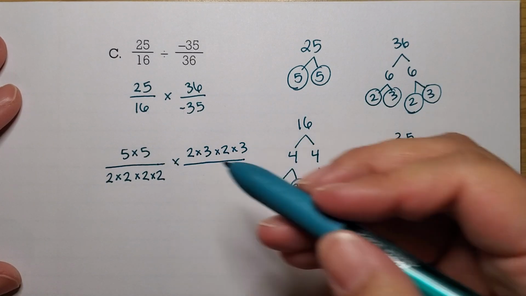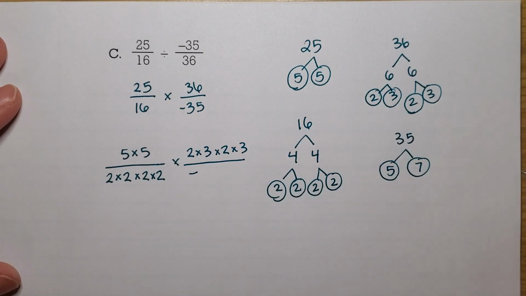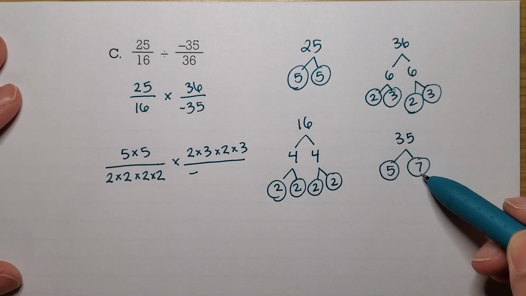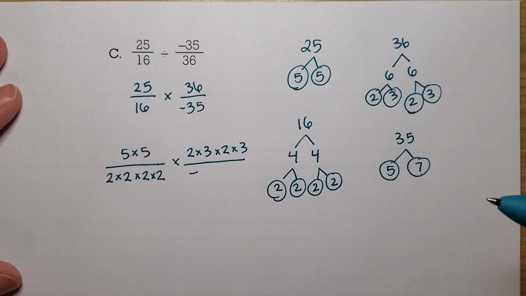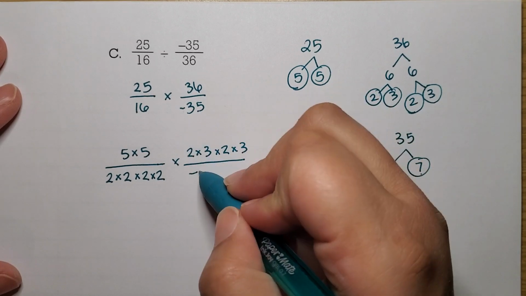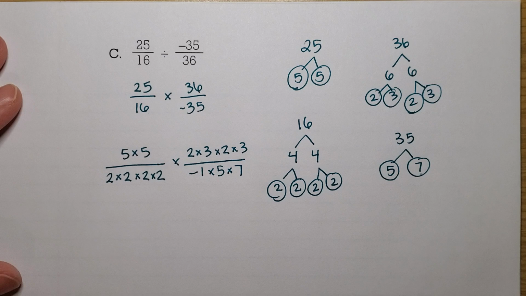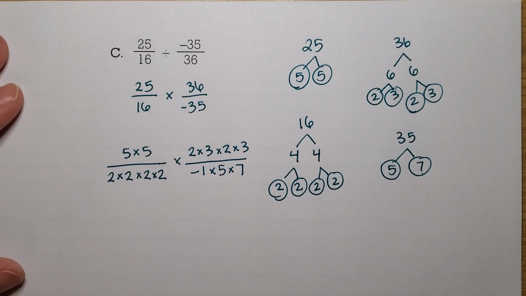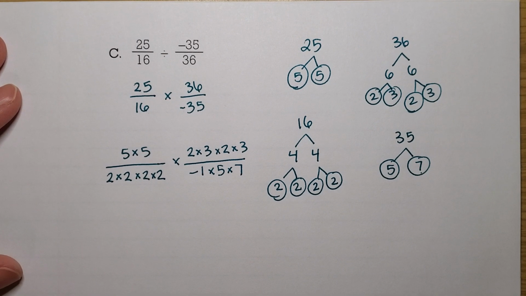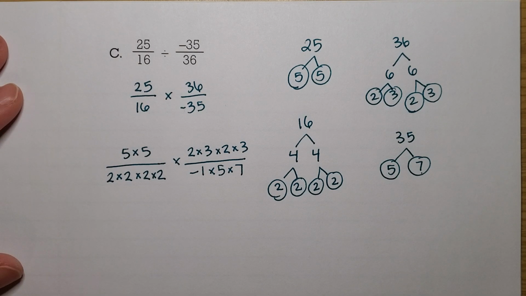And then here's where I'm going to remember, I'm going to bring down that negative. And I have 5 times 7. So you know what, to help me out in this situation, I'm going to think of that negative as a negative 1 times the 5 times the 7. That way that -1 is going to help me remember that my answer will have a negative involved in the end.